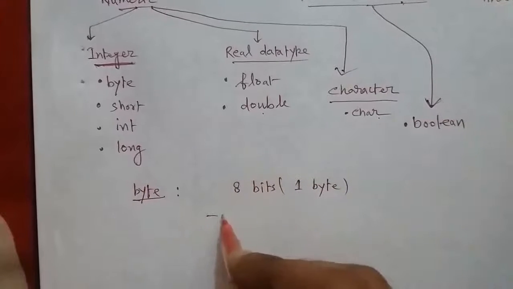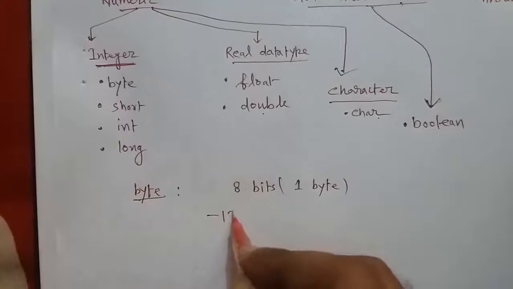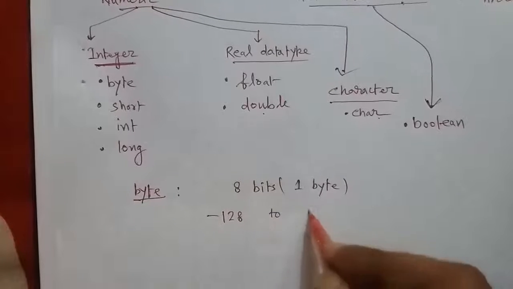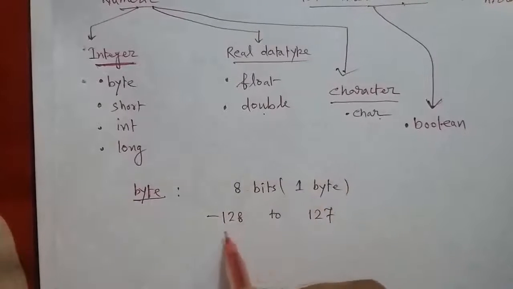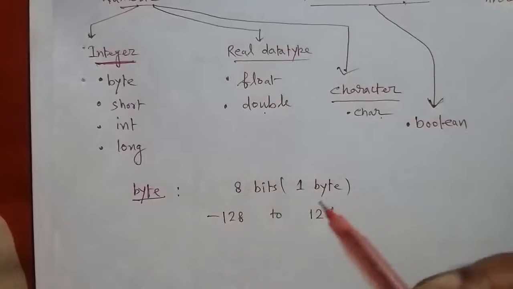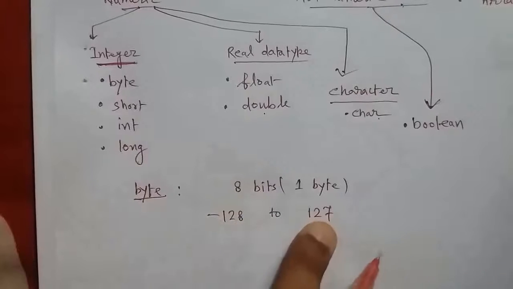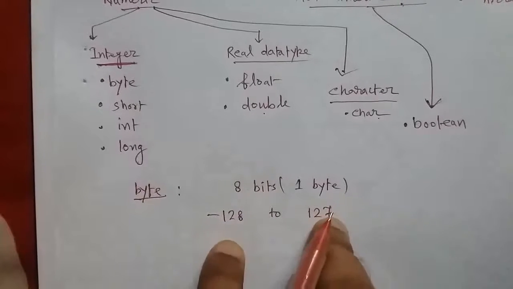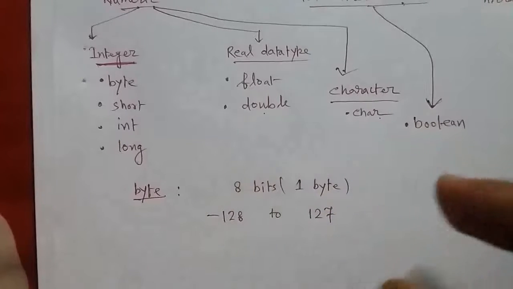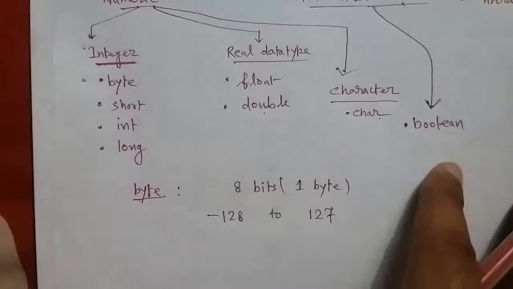Range of this byte data type is minus 128 to 127. That means the least value that can be assigned to a variable of byte data type is minus 128 and the highest value is 127. So within this range you can assign a value, and both are inclusive, remember.